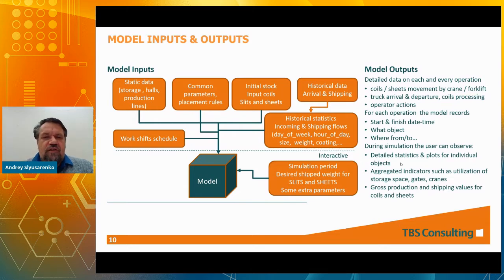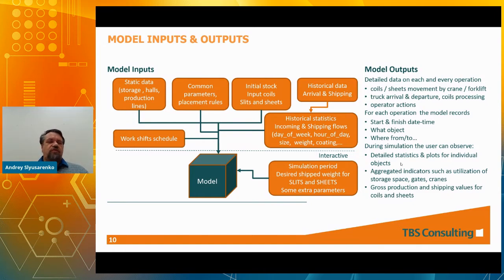And in the iterative mode, the customer can set up the simulation period, desired shipped weight for slits and sheets separately, some extra parameters, and launch the model. AnyLogic can store detailed data on each and every operation: the crane movement, forklift, operator movement, truck arrival, truck departure, and so on.